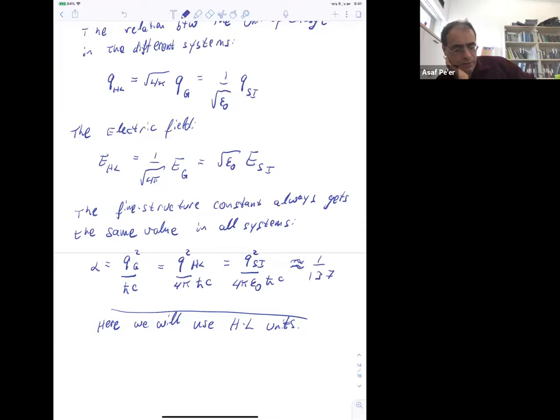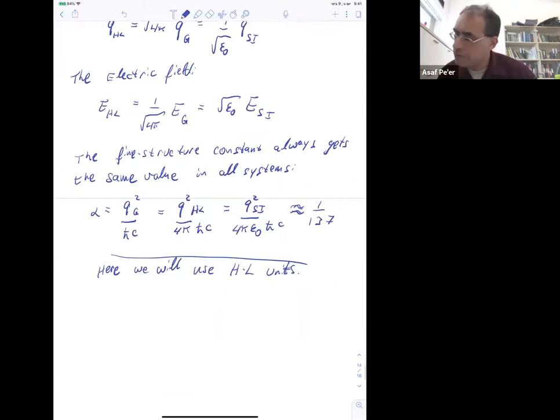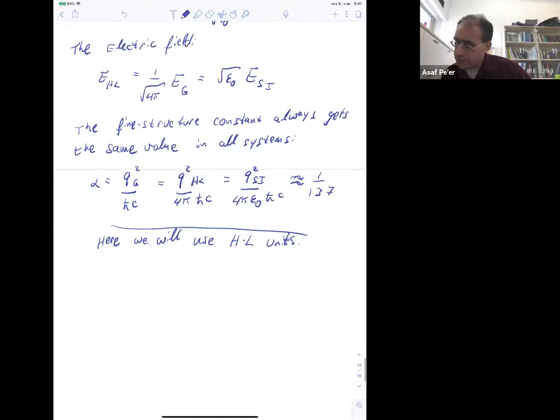So let's go now to write down the covariant form of Maxwell's equations. Let's start, not finish now. Questions about that, by the way? Any questions? No?